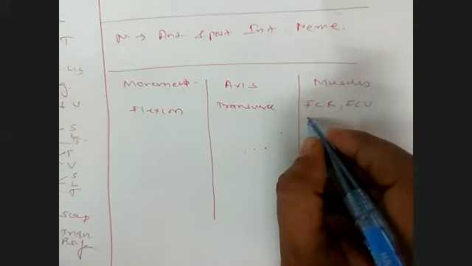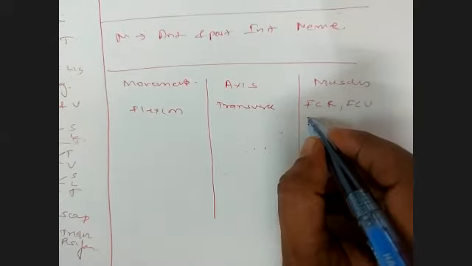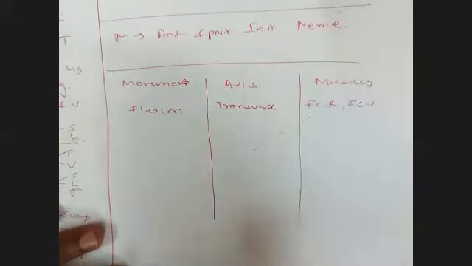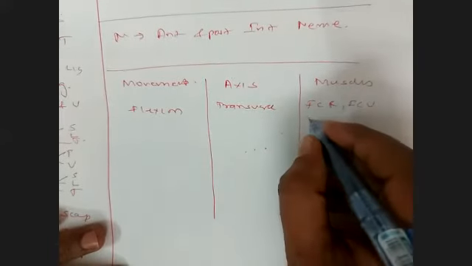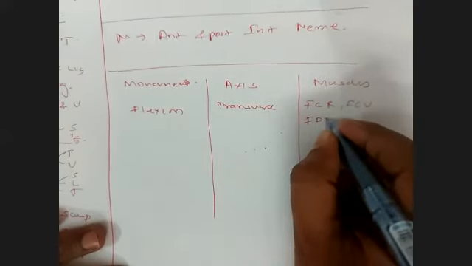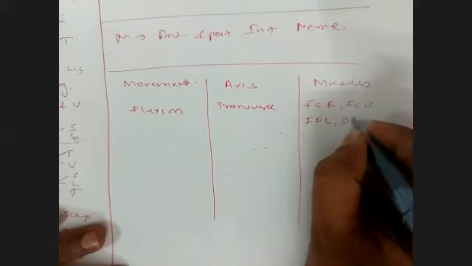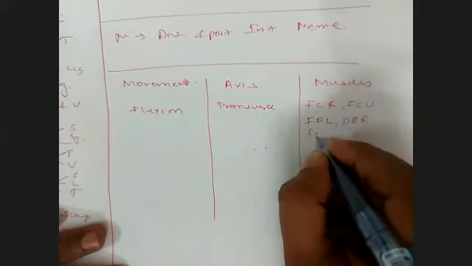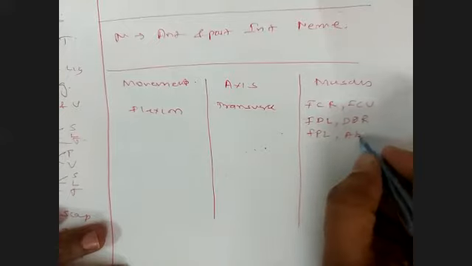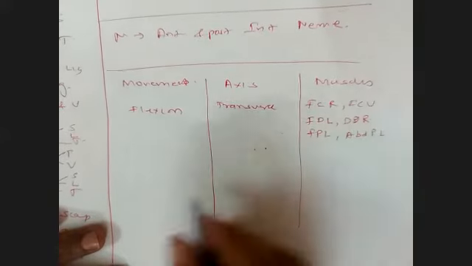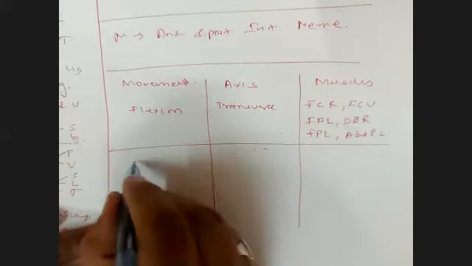Along with that there are the other muscles: flexor digitorum superficialis, flexor digitorum profundus, flexor pollicis longus, and abductor pollicis longus also. So that is about flexion.